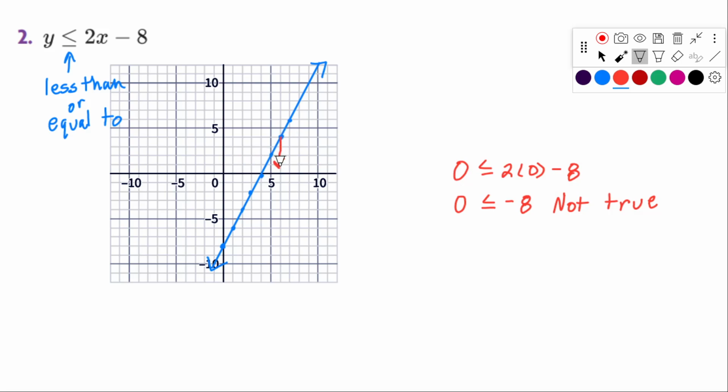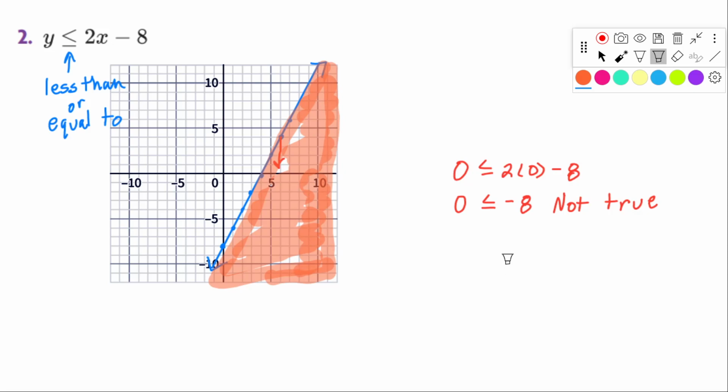We do in fact want to shade where I drew that arrow down. So our solution set includes all of the points on the line as well as any points that would fall into this shaded region. And that is how you graph the solution set for a linear inequality.